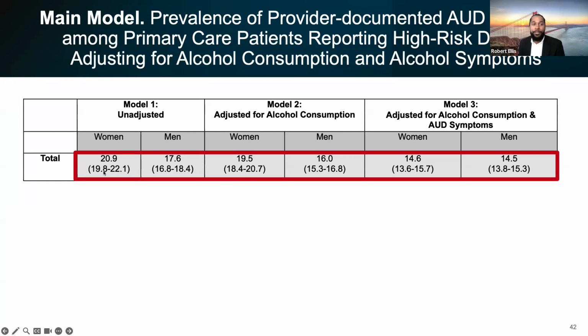And if you look across the sexes for women and men in each of these models, the differences in provider documented AUD were observable up until you adjust for both alcohol consumption and AUD symptoms.